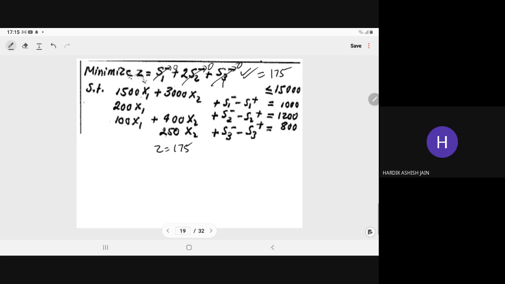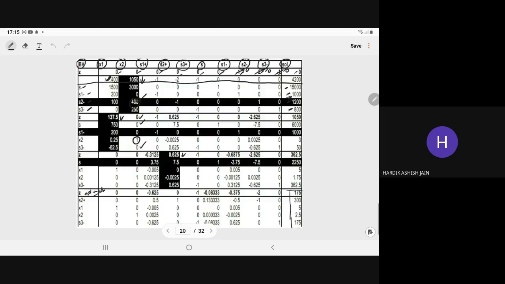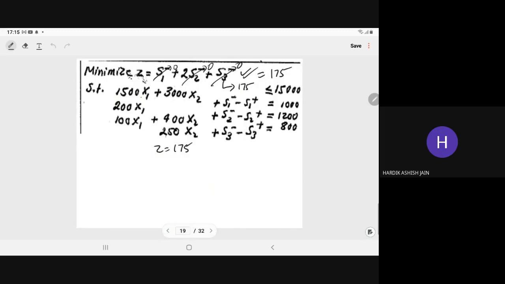I think S3 minus is coming as 175. S3 minus is 175, S1 minus is 0, S2 minus is 0. What is your objective? You want S1 minus, S2 minus, S3 minus to be 0, at the minimum deviation.